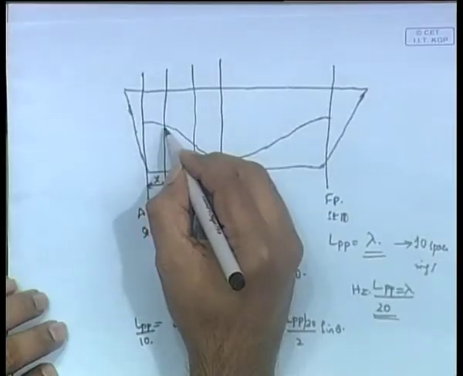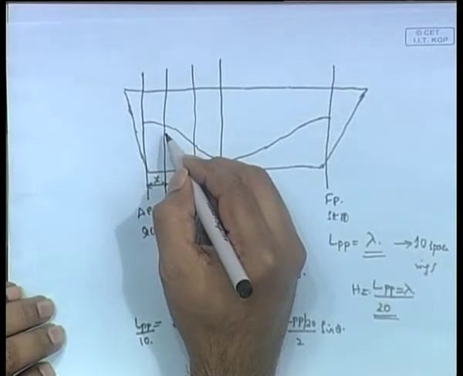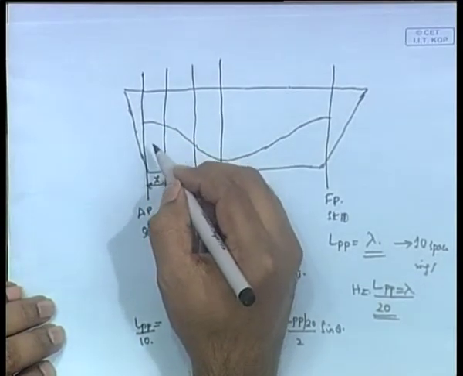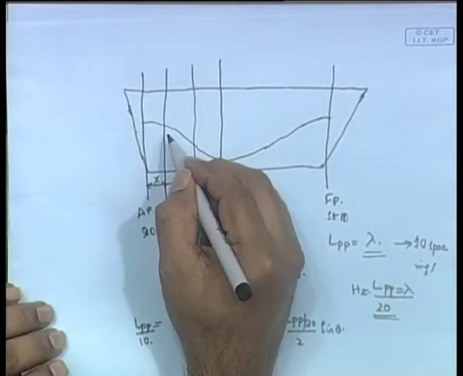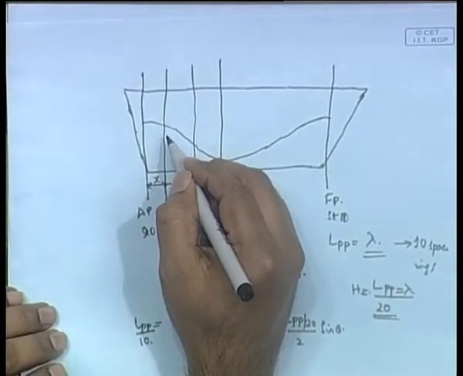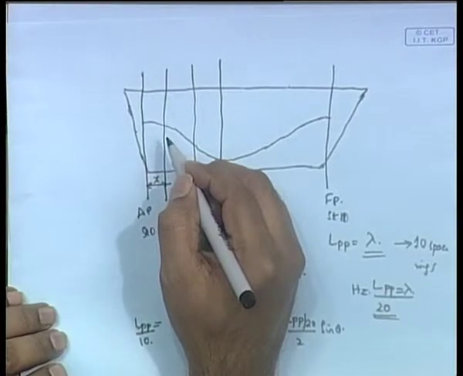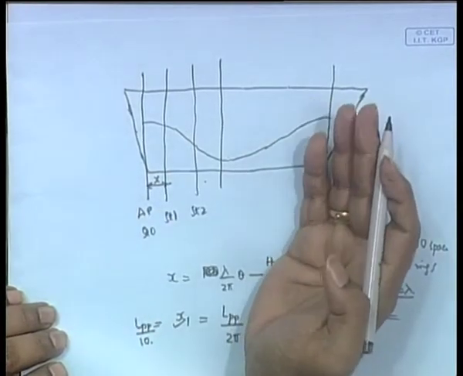Once you have theta, remember this is the angle through which the particle that is travelling along the wave has rotated when it has moved some distance x. Now how do we find the vertical distance z through which it has moved if it has rotated through an angle theta? It is very simple.